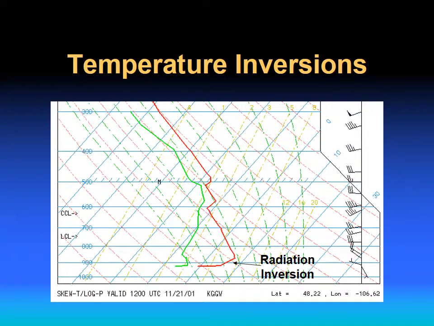So a radiation inversion is caused by the sun setting. As the sun sets, there is no longer solar radiation coming in to offset the loss of infrared radiation from the surface, which is constantly leaving the surface of the Earth both during the day and night.